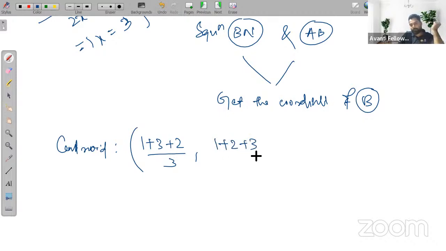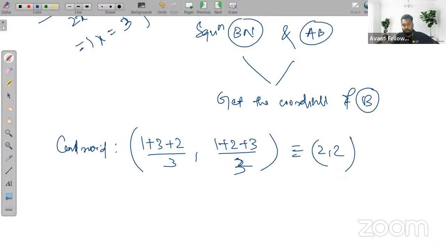Same thing. The centroid becomes 6 upon 3, that is 2, 2. The centroid becomes 2, 2.